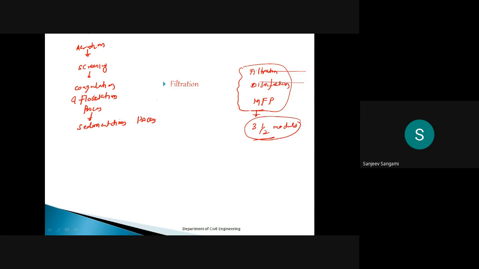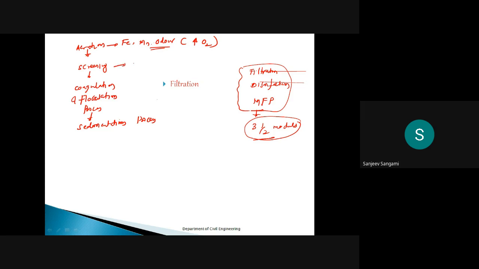In the aeration process, Fe, Mn, and odor can be removed, and we also increase the oxygen level.